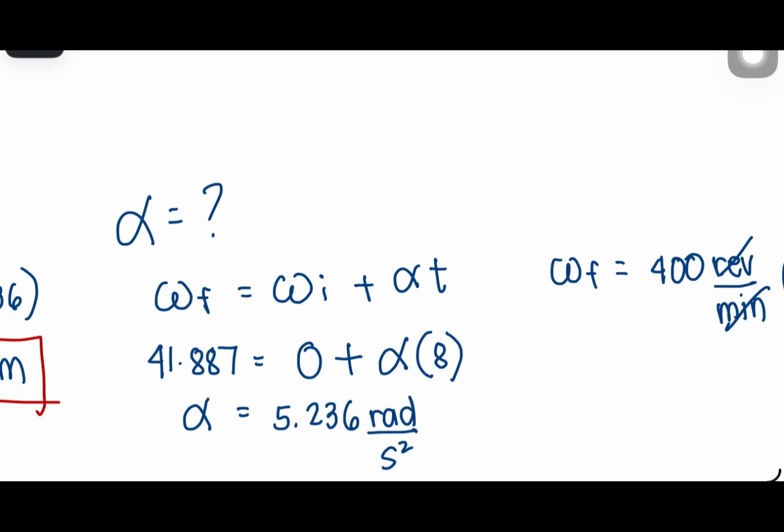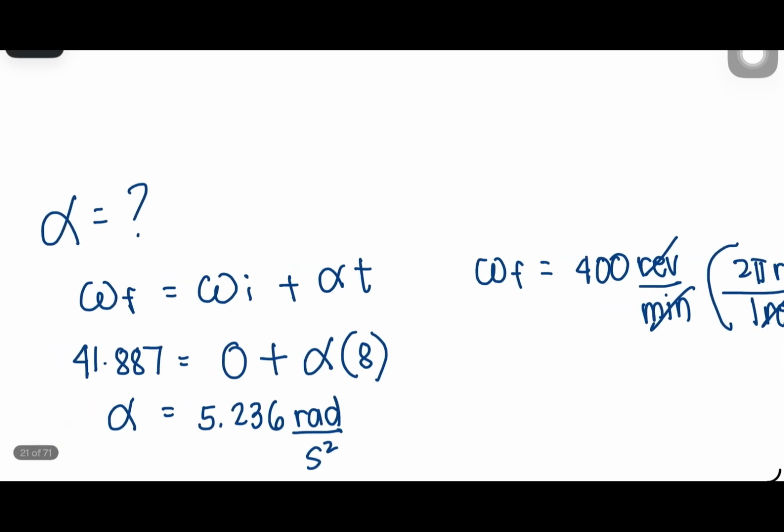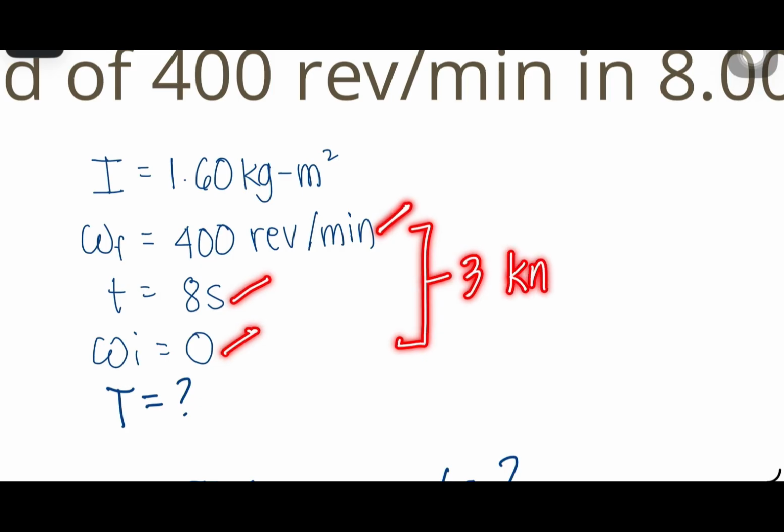Para magamit po natin yung rotational kinematics, kailangan muna natin i-identify yung 3 known variables. So, tingnan natin dun sa given. Meron na tayong final angular speed, the time, and the initial angular speed. Therefore, meron ng 3 known variables.